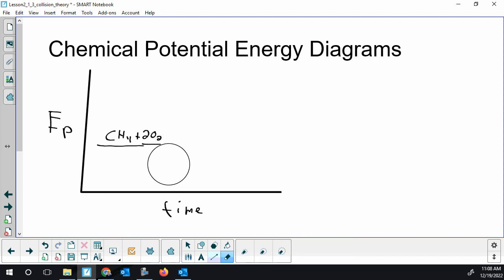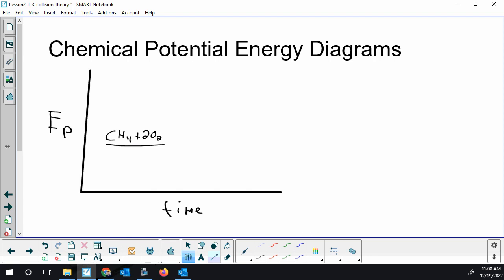There would be some amount of potential energy at the beginning. Nothing has happened yet, but there are 4 carbon-hydrogen bonds, and there's 2 oxygen-oxygen double bonds. So all those bonds have energy. Okay. I'm not putting a number to it, but I'm saying this line on our y-axis represents how much energy there is in all those bonds at the beginning.